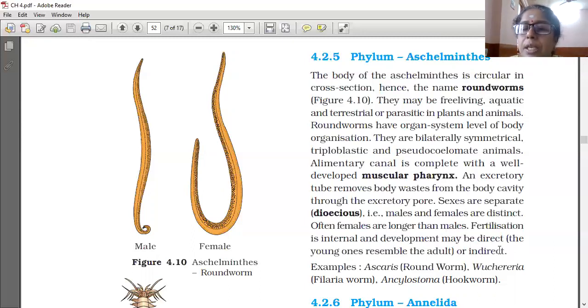Understood? Fertilization is internal and development may be direct, or it can be indirect also. Examples: Ascaris, roundworm; Wuchereria, filaria worm; and Ancylostoma, hookworm.